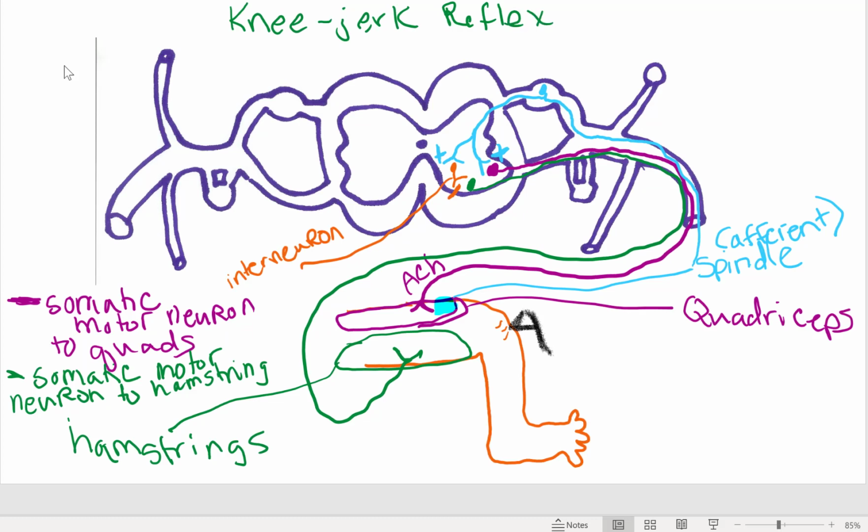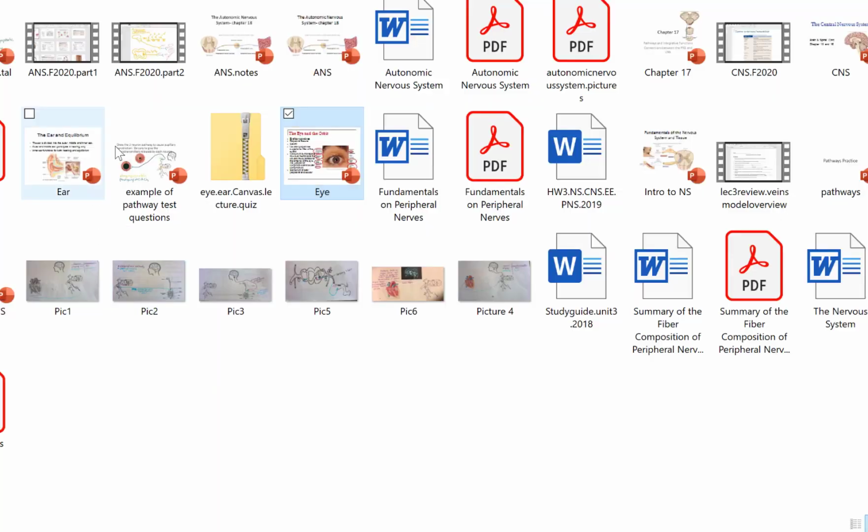In your lecture, I do show you a nice picture of the knee-jerk reflex arc that has all of these neurons labeled. It also uses pluses and minuses to designate an excitatory neurotransmitter versus inhibitory. I think that was in the peripheral nervous system lecture. I'm just checking that real quickly.